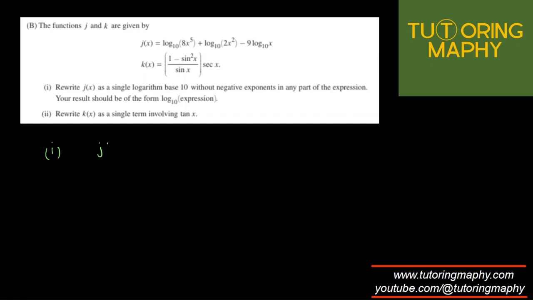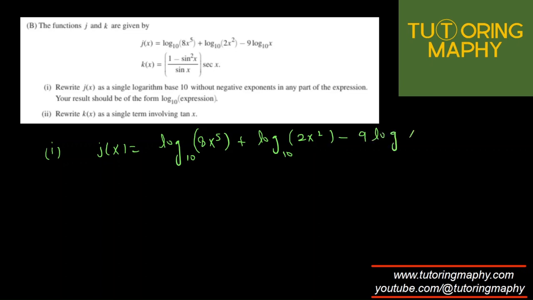Part 1, j of x. Let's read out the question first. That would be log of 8x raised to 5 with a base of 10, plus log of 2x squared, once again with a base of 10, and then minus log of x to the 9 with a base of 10. I do see a property here, right? These two can be condensed by using the log a plus log b property, which is log of a times b.